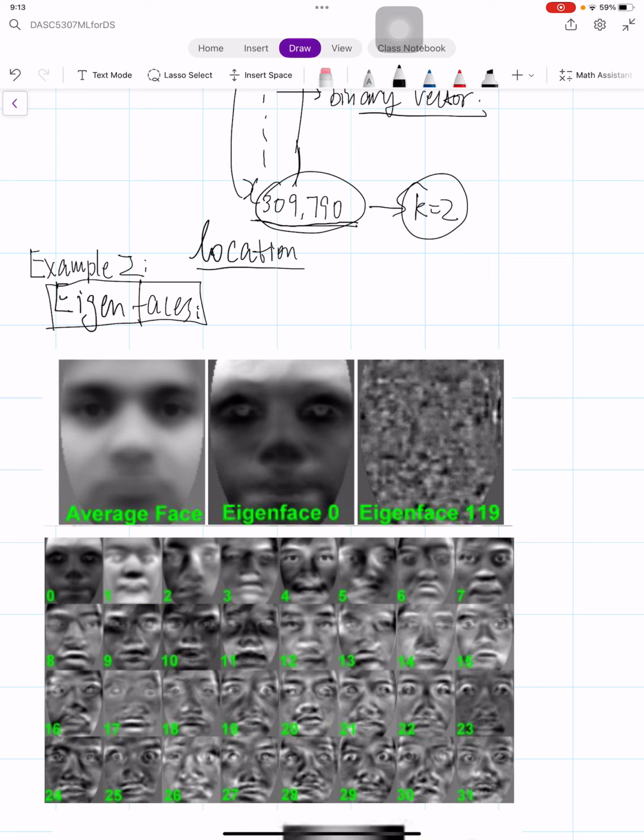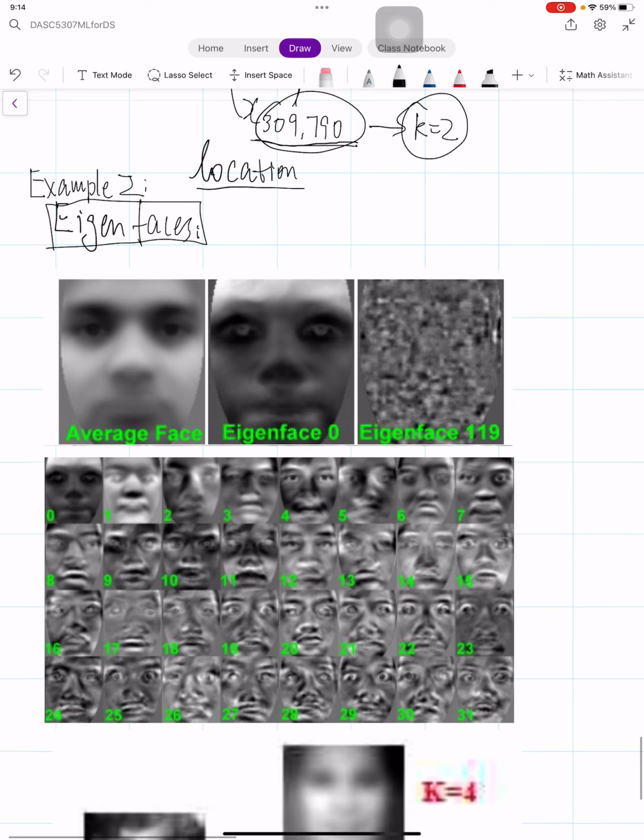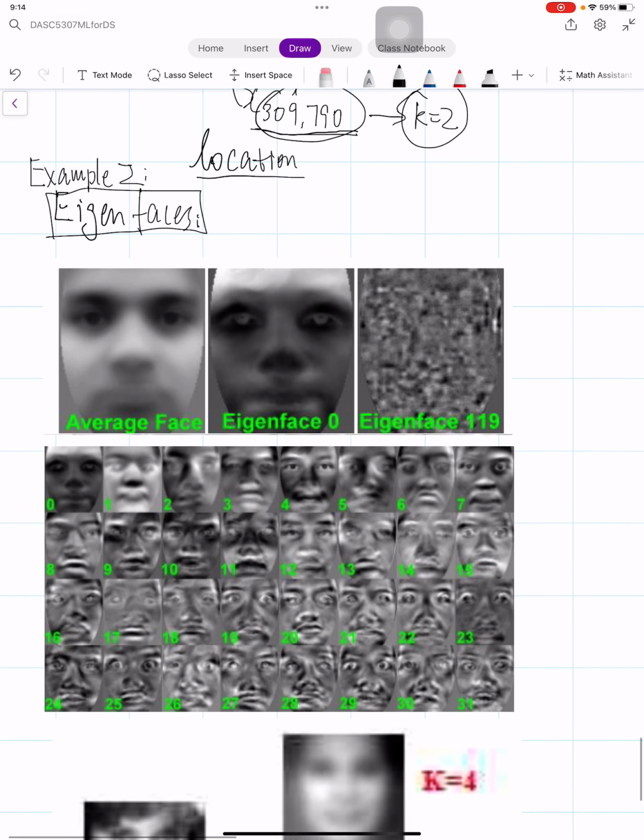So suppose now we have pictures of people's faces. Each picture, suppose we have the picture here, and suppose it is 200 by 200 pixels. 200 pixels, which means we have 40,000.